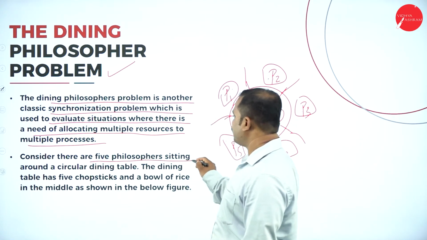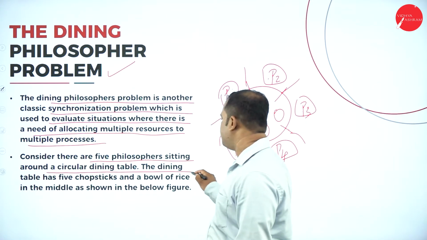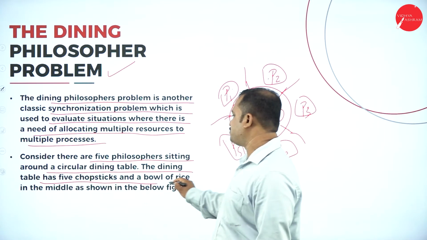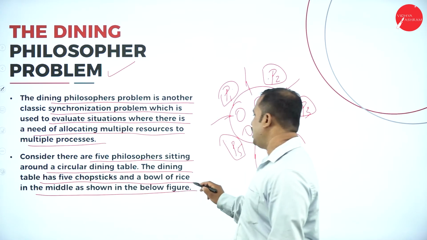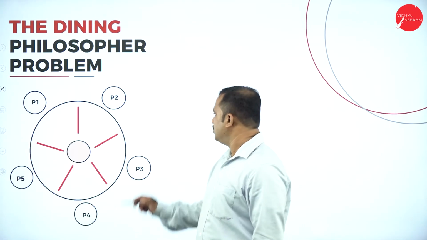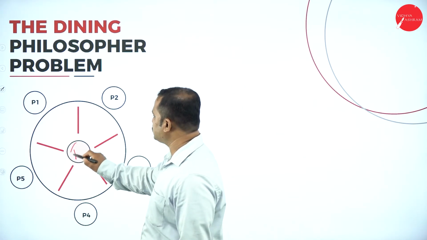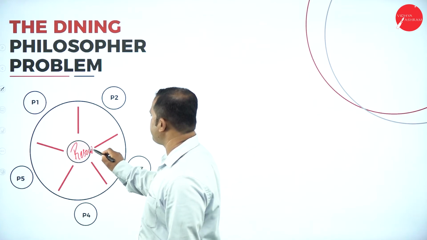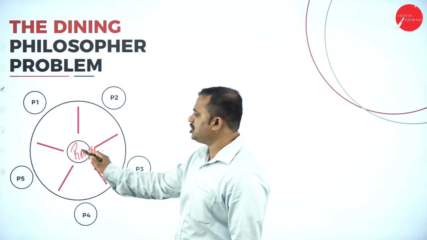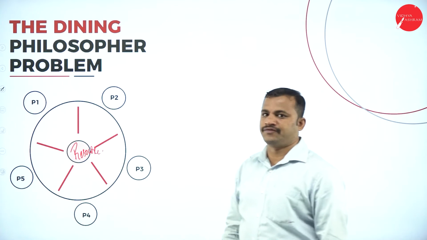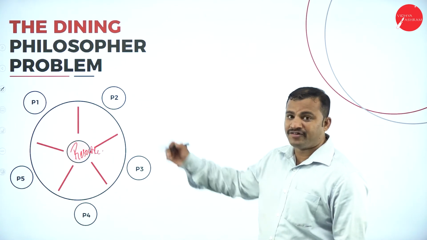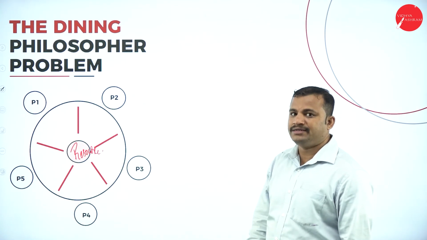There are 5 philosophers sitting around a circular dining table. The dining table has 5 chopsticks and a bowl of rice in the middle, as shown in the figure. That means there is a bowl. This is called a resource. This resource is shared among the 5 dining philosophers, because they are seated at the dining table.